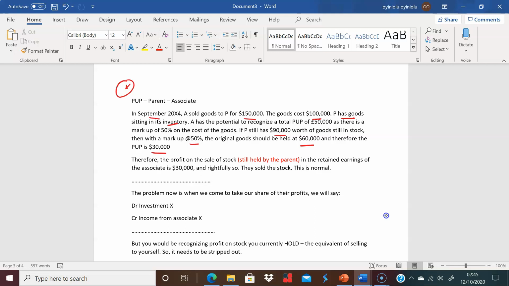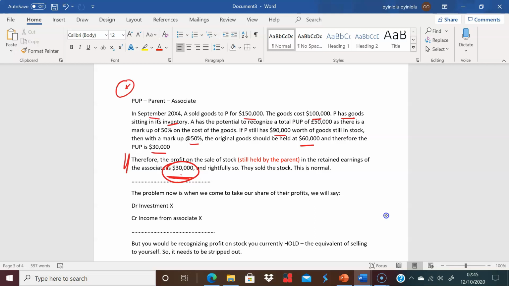The associate is recognizing a full profit of $50,000 in their accounts. We've sold some of the stock, but there's still $30,000 of profit in stock left with us, but that's fine. That's profit in their accounts. There's no problem at this point.